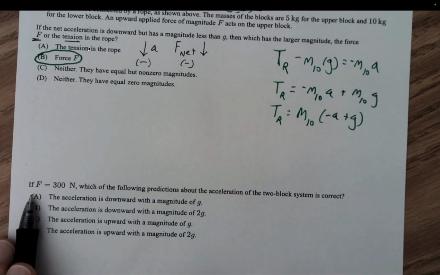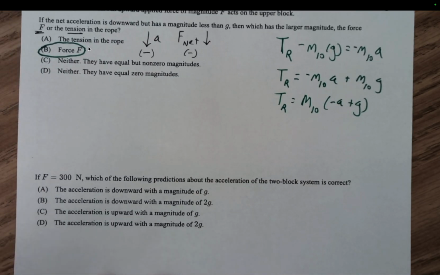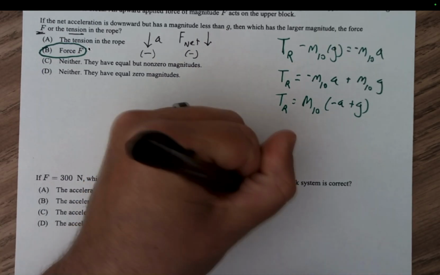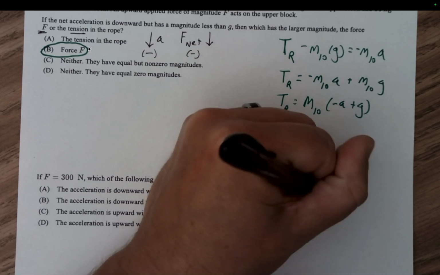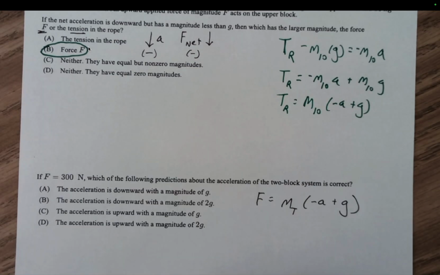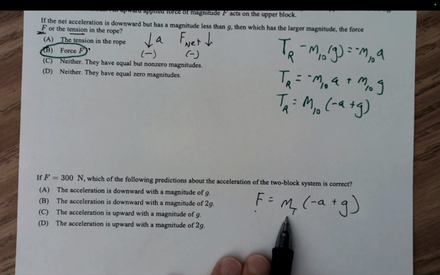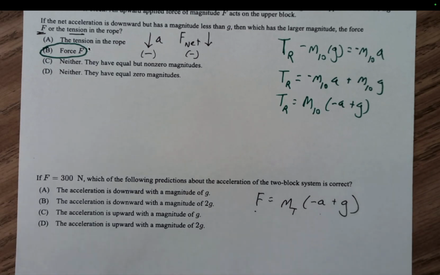And then as we move on to this part here, now we're given this F is 300 newtons. So now we know what the force F is, so we can use our F equals this total mass times this negative A plus G. We know the total mass, that's 15 kilograms, the 10 plus the 5. And we're asked about the prediction of this acceleration. So now I'm just going to plug in some of the numbers.